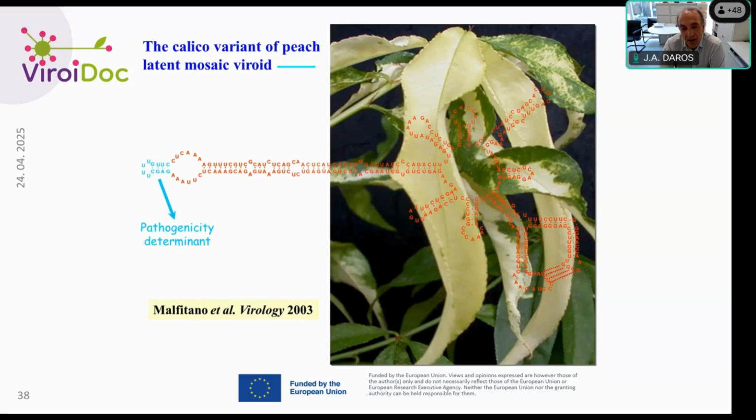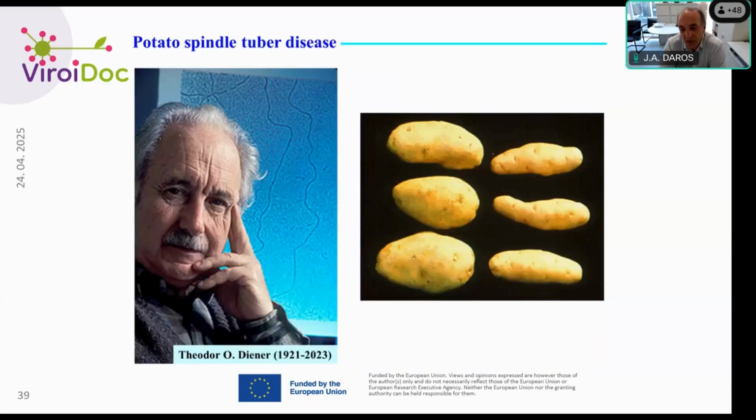However, an insertion of this little sequence in blue in one of the parts of the molecule changes the asymptomatic variant into a very symptomatic variant that produces this phenotype called calico. So the frontier between pathogenic and not pathogenic is kind of diffuse sometimes.